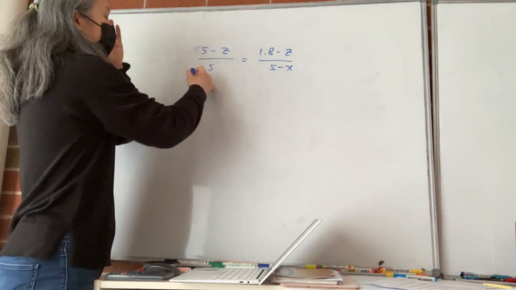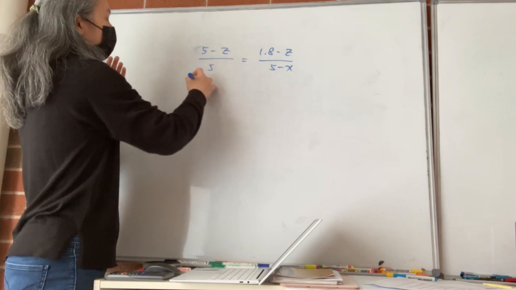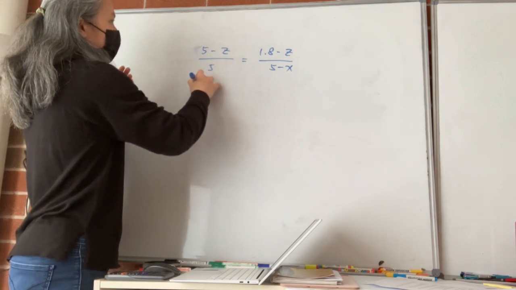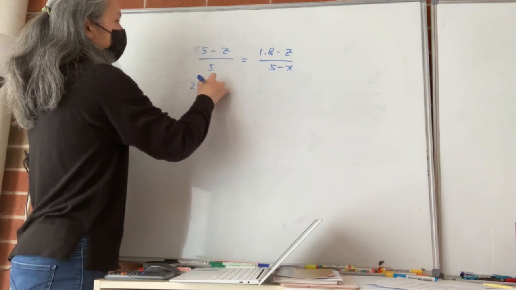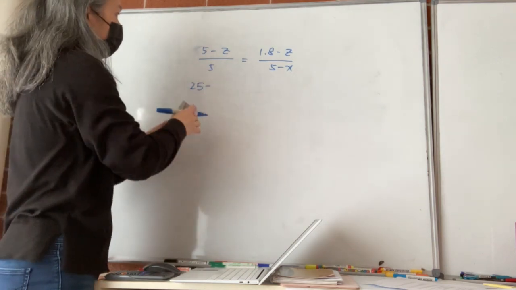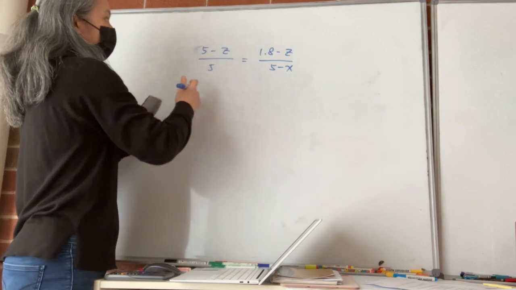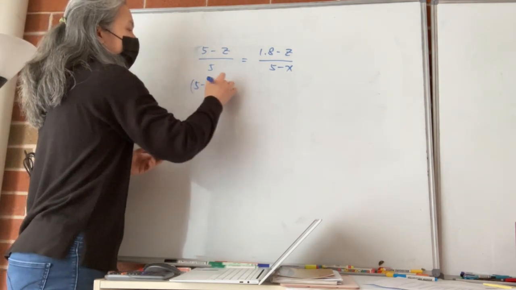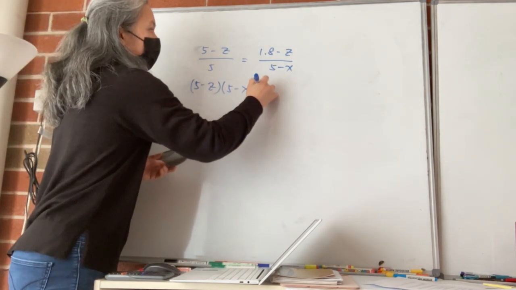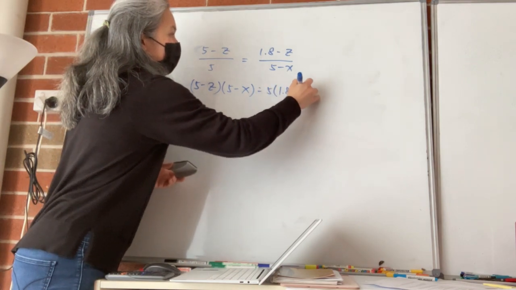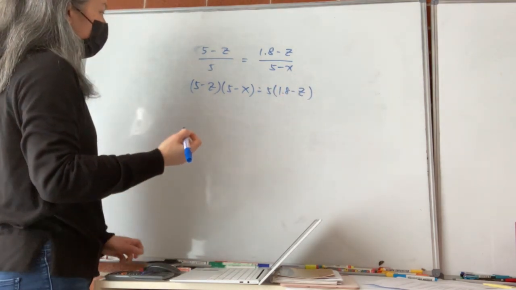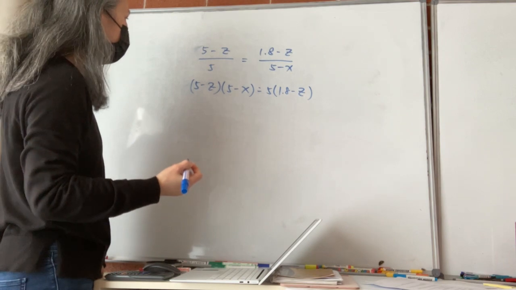Let's expand this. Did you expand it? No, you write it like this. Yeah, and then 5 and then 1.8 minus Z, divided it. Oh, you divided it.